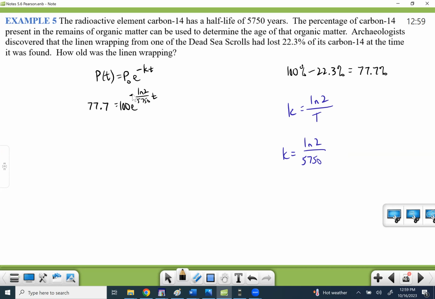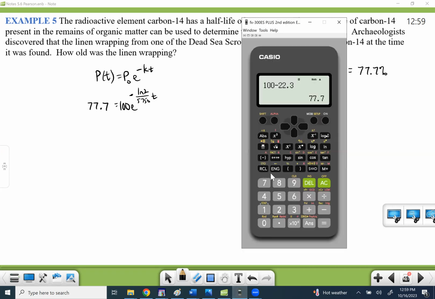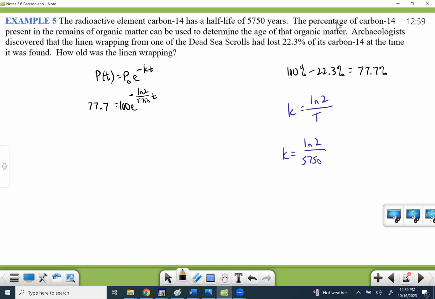And there is a negative on it, okay, from the formula. Let me just see how gnarly that is. Natural log of 2 divided by 5,750. Pretty gnarly. So I'm just going to leave it as is, you guys. So that's fine.